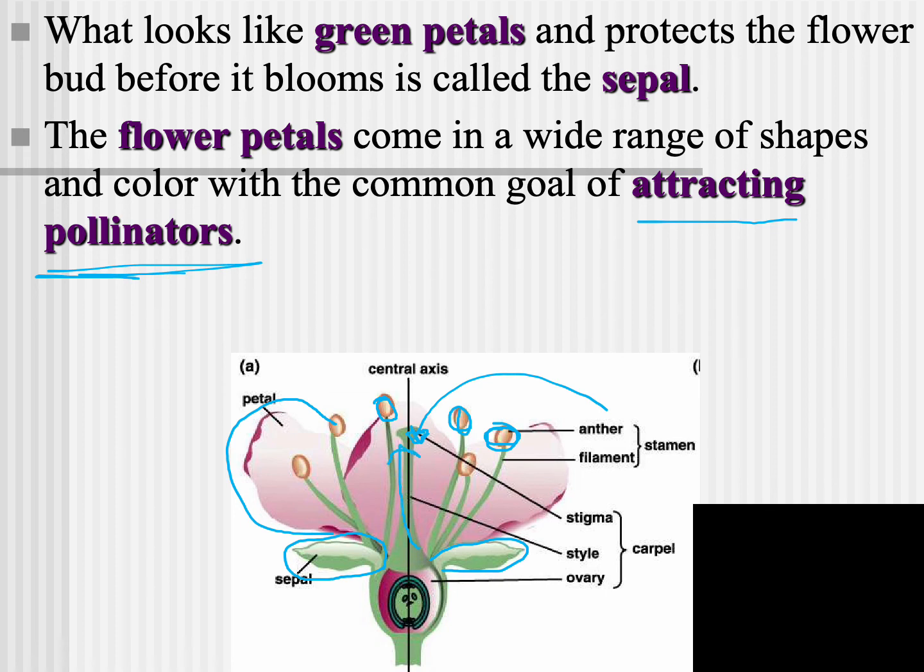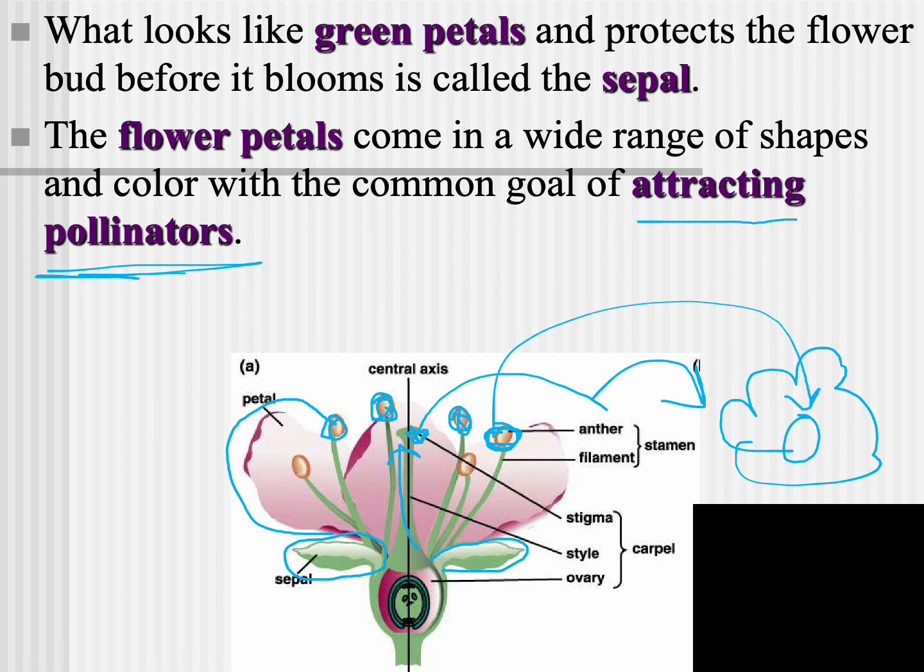They're going to get the pollen on their body, and then when they go to another plant, another flower over here, they're going to transport some of that pollen onto this plant, and they're going to help pollinate this plant.